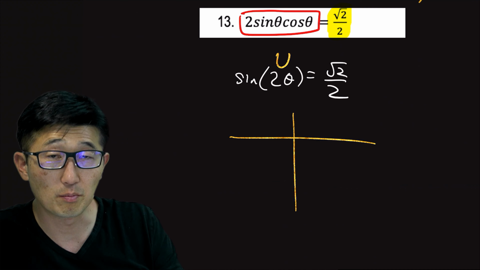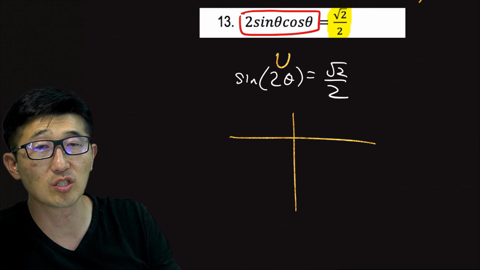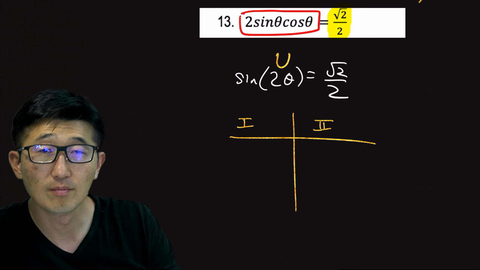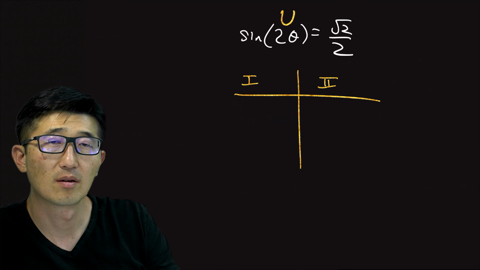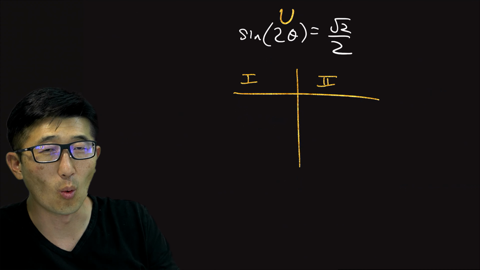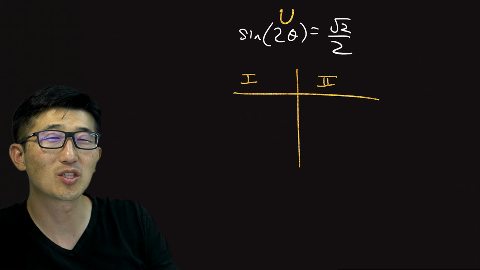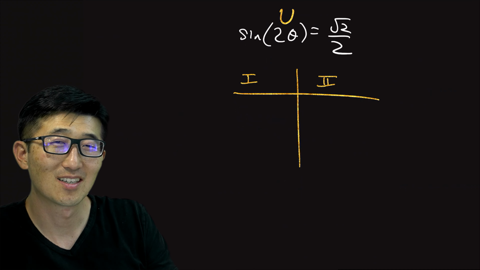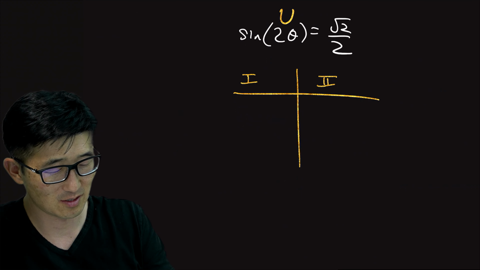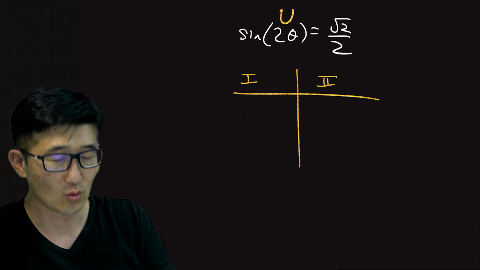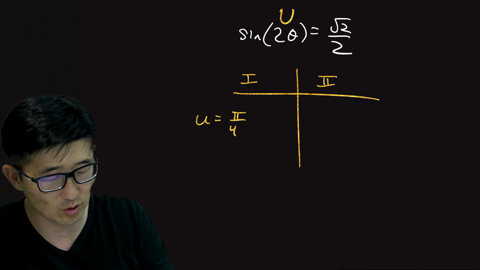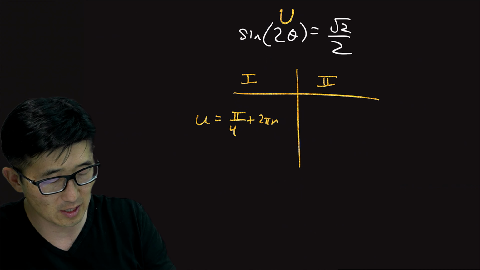Yes, pi over 4, but which quadrant is sine positive? Only positive in the first one. Wait, what coordinate does sine represent? A Y. So which quadrant is y positive? It's quadrant 1 and quadrant 2. Good. So now in quadrant 1, u will equal pi over 4 plus 2 pi n.